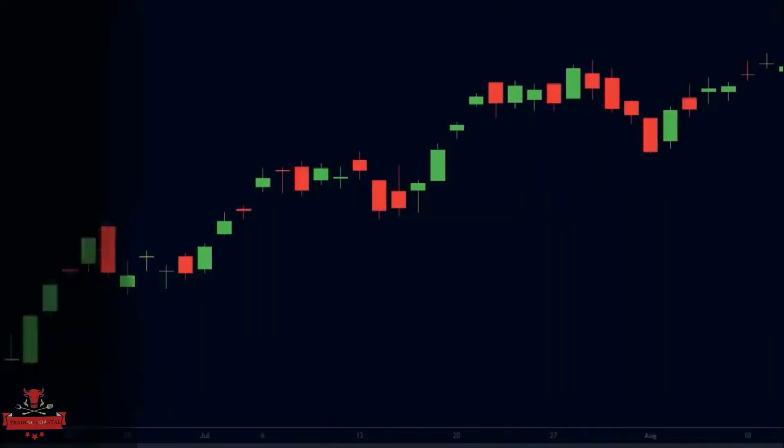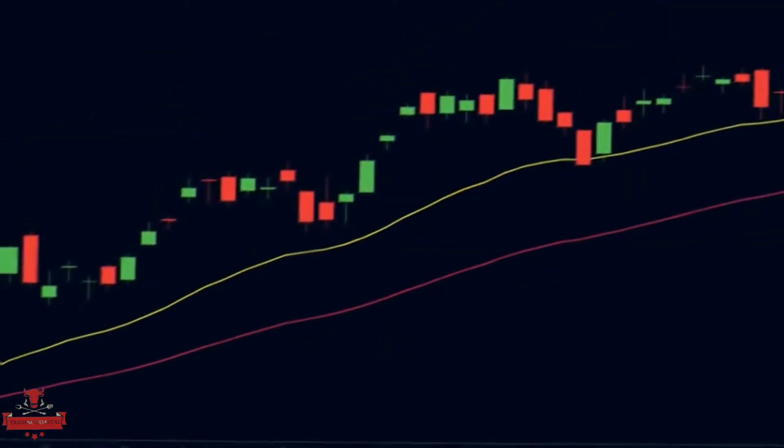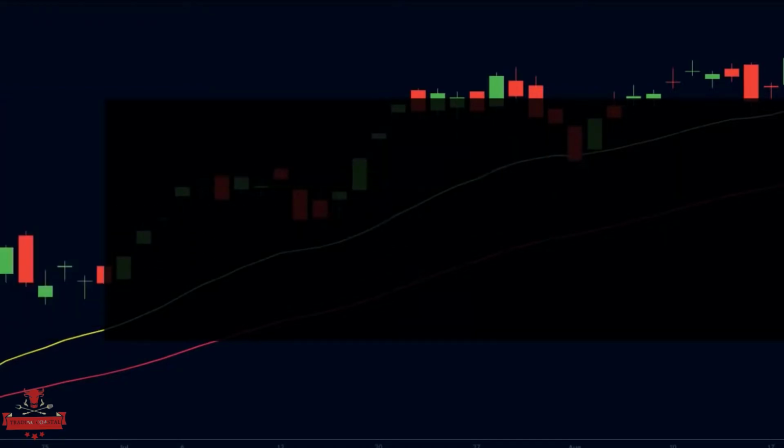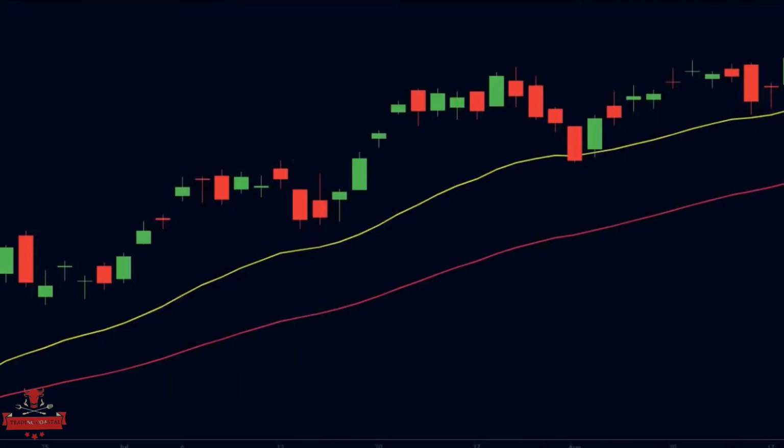To do so, we will use two moving averages. A moving average is a simple indicator that helps us in identifying the trend of the market. We will use a 21-period exponential moving average and a 50-period exponential moving average. On this chart, the yellow line is the 21-period EMA and the red line is the 50-period EMA.